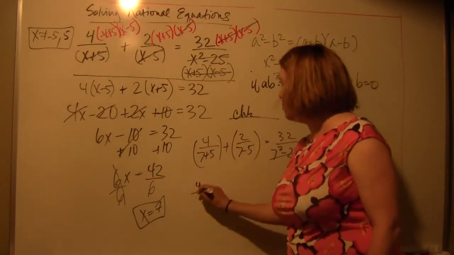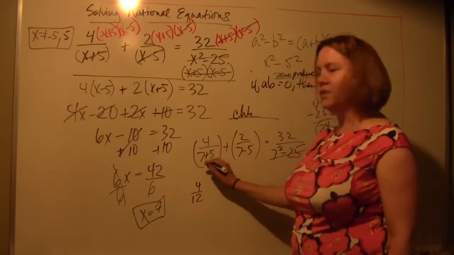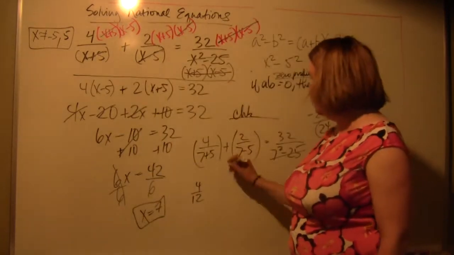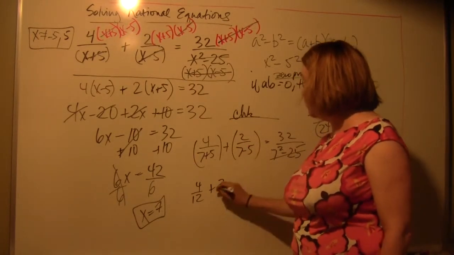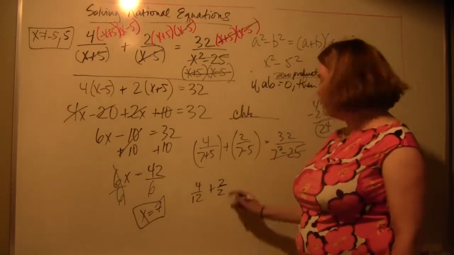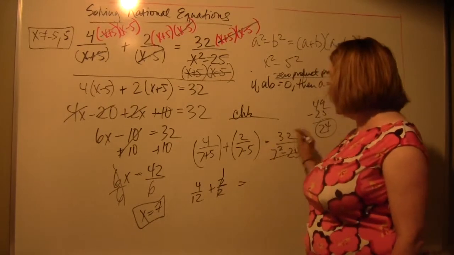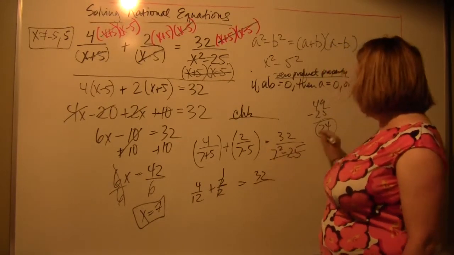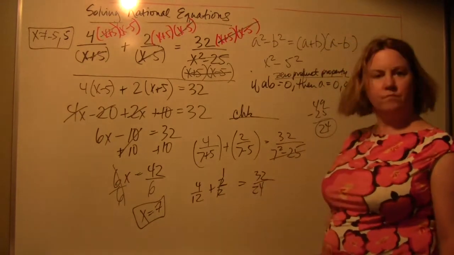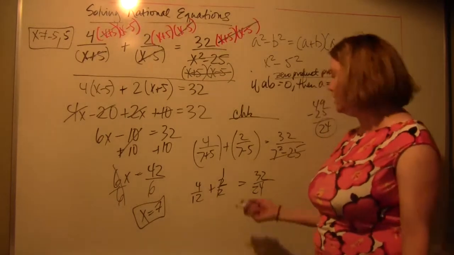So we're going to get 4/12. All I did was add the 7 plus 5. Plus 2 over 2, and we know that equals 1, right? Equals 32 over 24.